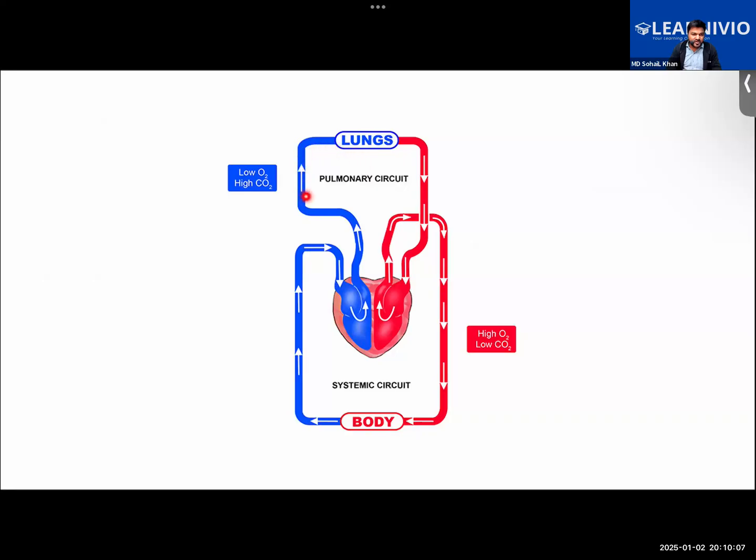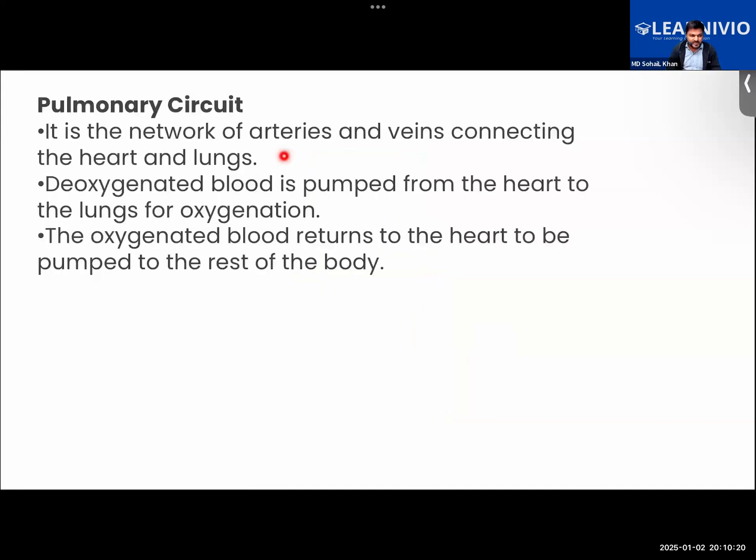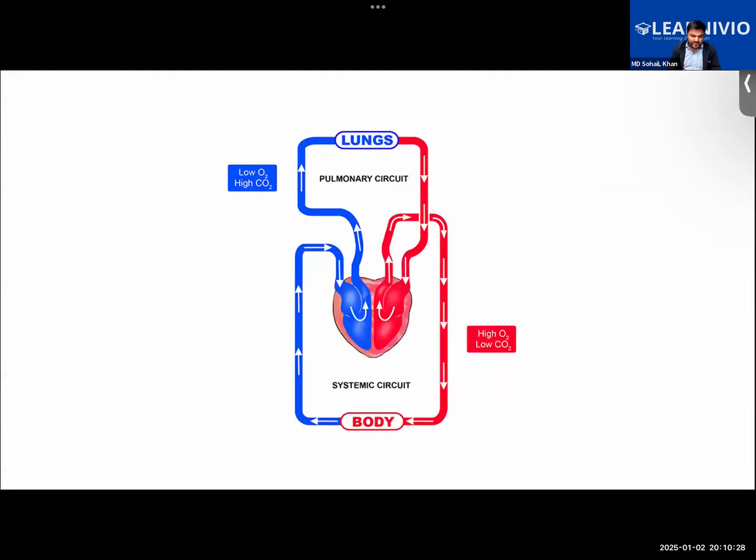There is a network of veins and arteries connected to the lungs and the heart, and that makes up the pulmonary circuit. Just like you learned the electric circuit, this one is the pulmonary circuit. So in this, what happens? The deoxygenated blood is pumped from the heart towards the lungs. Getting it?